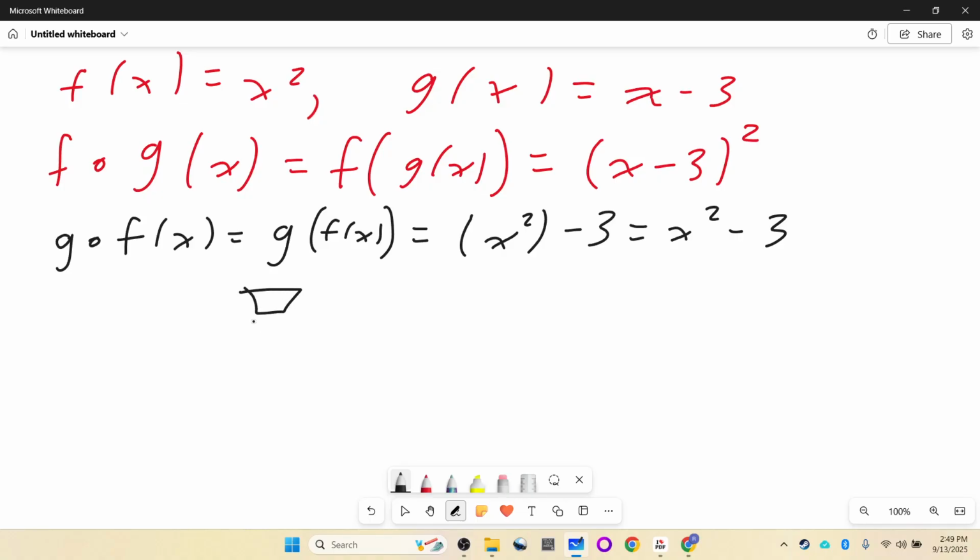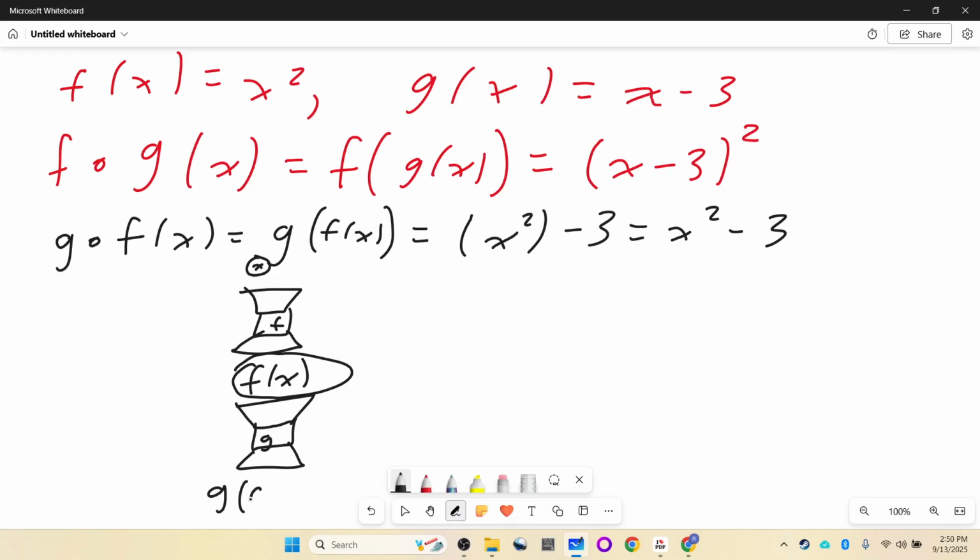And so what's really happening here, I've always pictured a function as looking like a machine. If I have an f function and a g function, I take the x, plug it into f, and something comes out that's called f of x. I take that f of x, it drops into the g function, and what comes out is g of f of x.